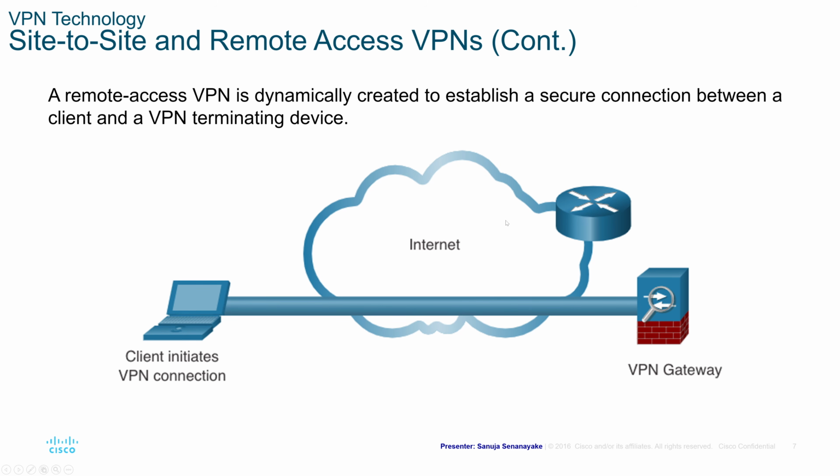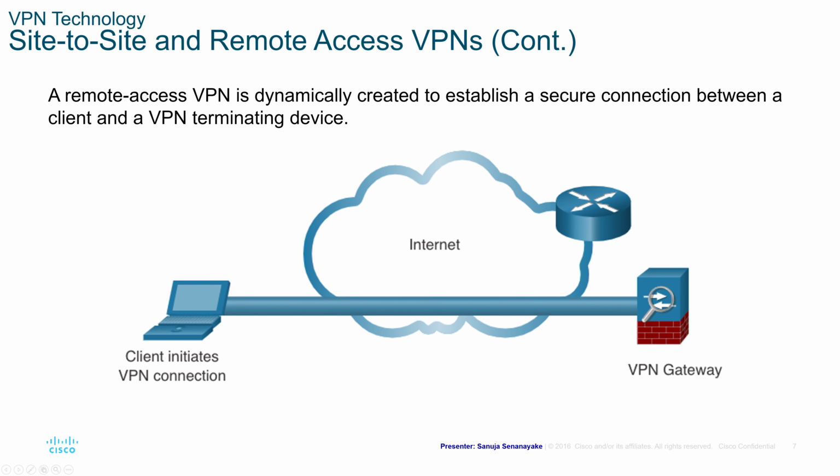So unless your company actually sent your workers with VPN gateways that they need to put behind their internet connection, most likely in 99% of the cases in Canada, this is how the remote workers would connect. It is going to be the remote access VPN, not the site-to-site VPN.